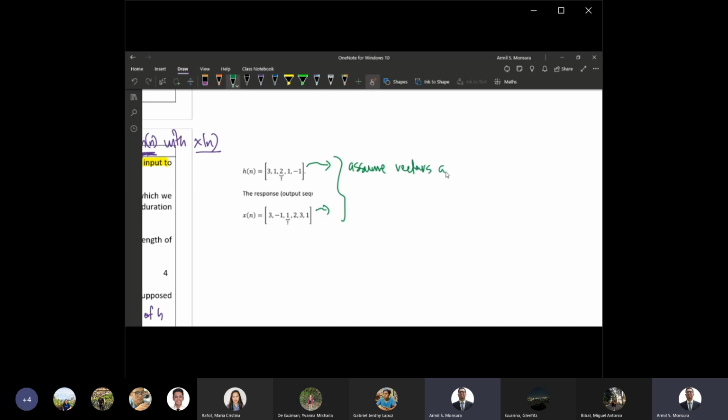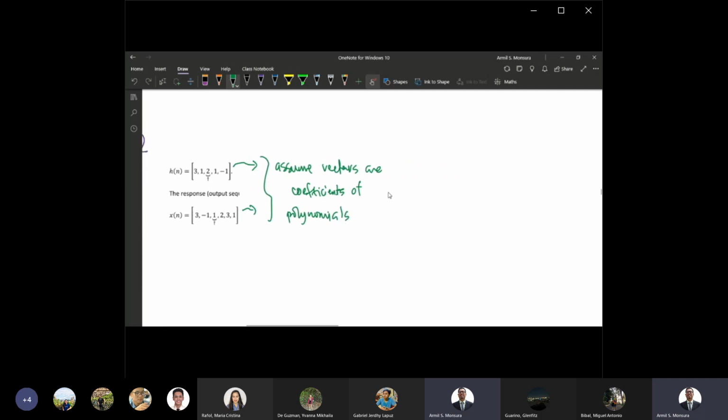These vectors are coefficients of a polynomial, or polynomials, since there are two of them. So we can define two polynomials. So assume that these vectors are coefficients of polynomials. So what I mean is this one.